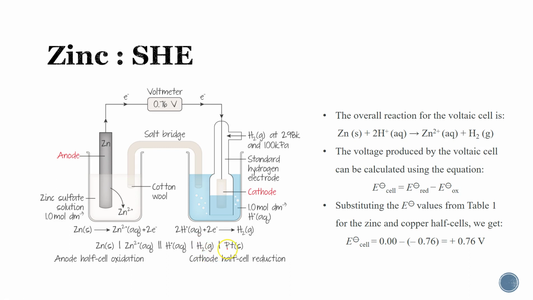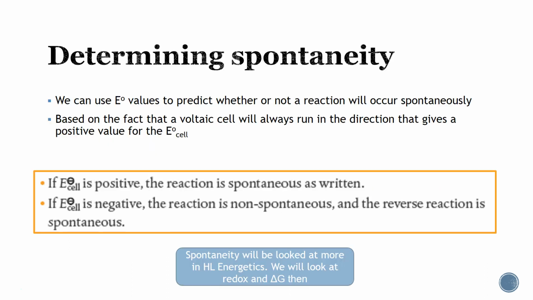So hydrogen is going to be my reduction half cell, minus the negative of my zinc half cell is going to give positive 0.76 volts. So this reaction will occur spontaneously, it will generate electricity, and it will generate electricity with a potential difference of 0.76 volts.